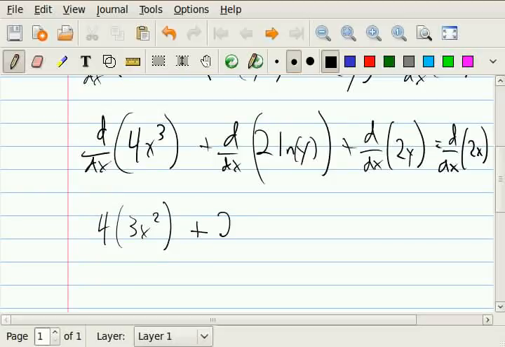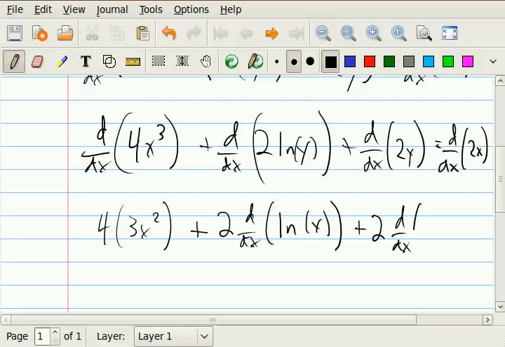So I can factor the 2 out, and then just take the derivative of natural log of y separately. And over here, again, I might want to factor the 2 out, just so I can focus on that one thing that's different, the implicit derivative.